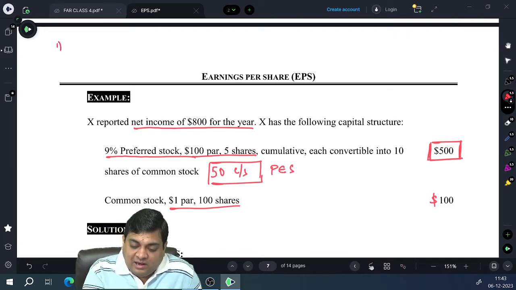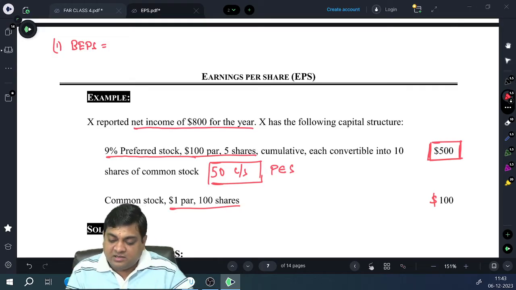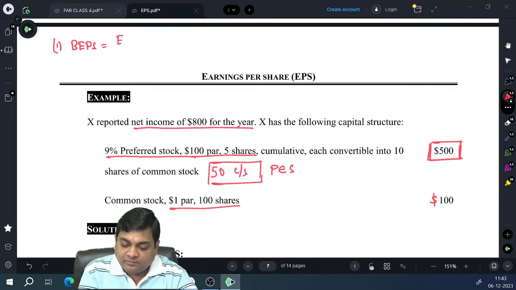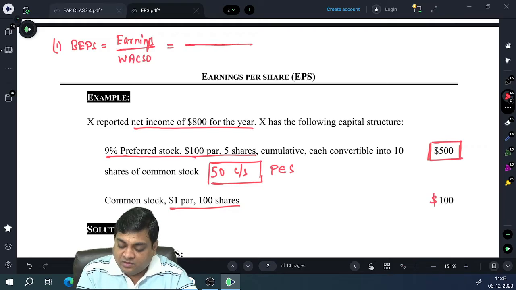So if I have to calculate basic earning per share, that is earnings divided by weighted average common stock outstanding. The weighted average already outstanding is 100 shares.